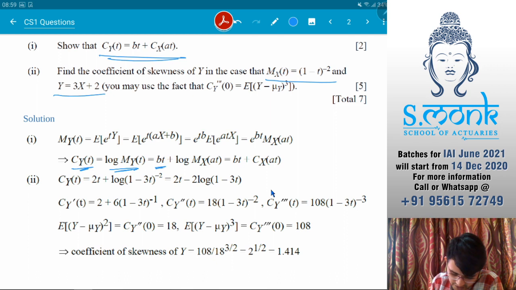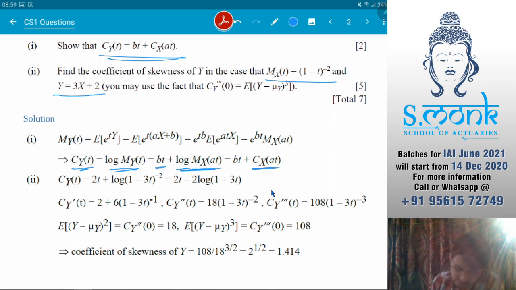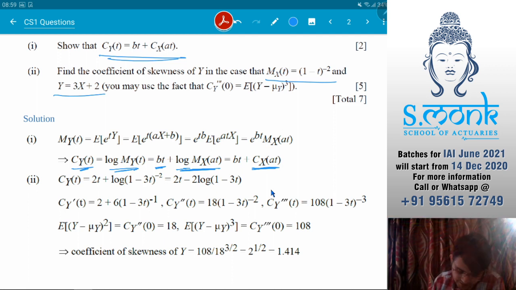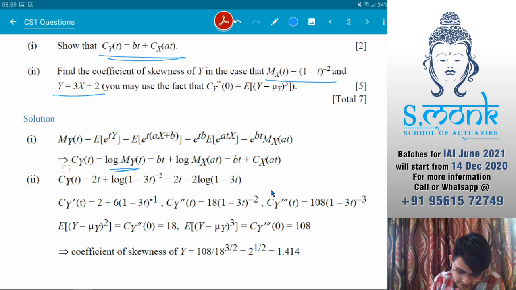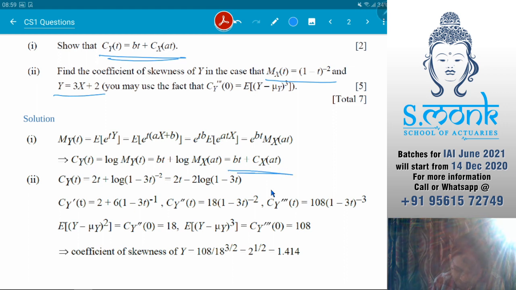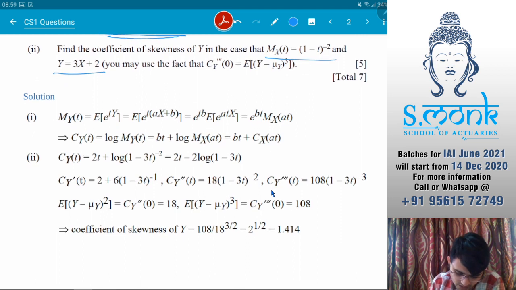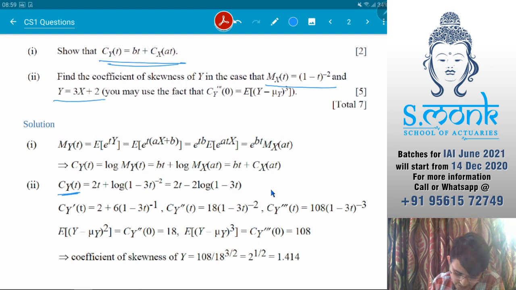So you will get bt plus log of MX(at). Log of MX(at) is nothing but CX(at). So this becomes your relationship. Now for CY(t), all you have to do is substitute this value.